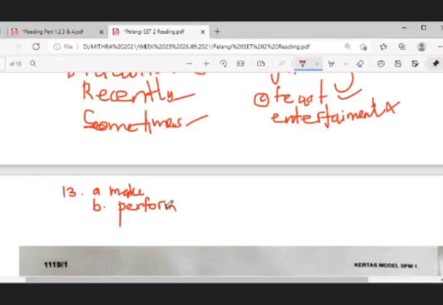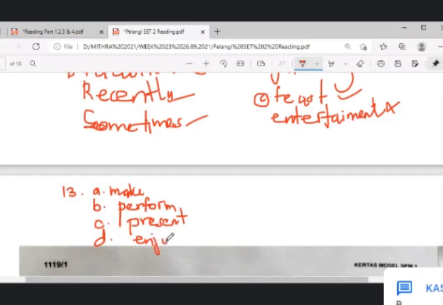Perform. C, present. Okay, you can do it very fast, you have no problem. Okay, what about D? Enjoy. So what do you think the answer for this? Make, perform, present, and enjoy.